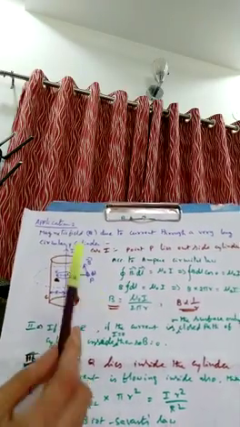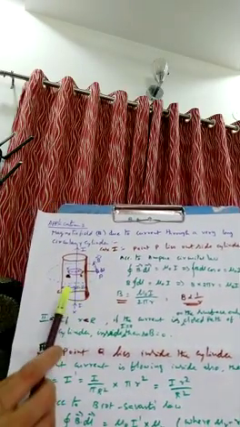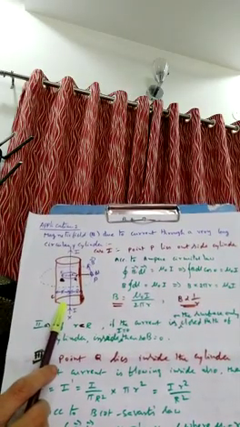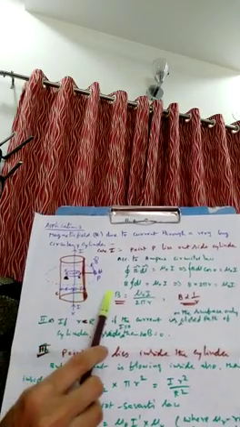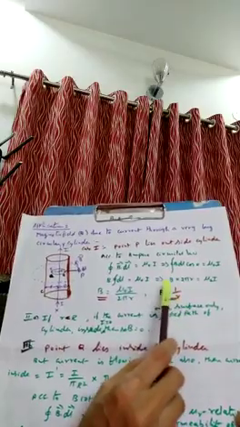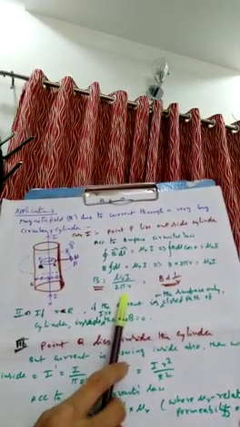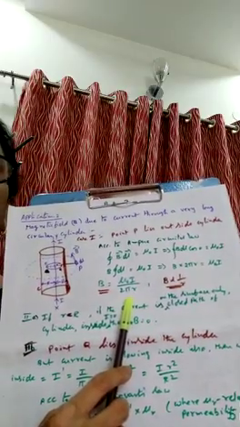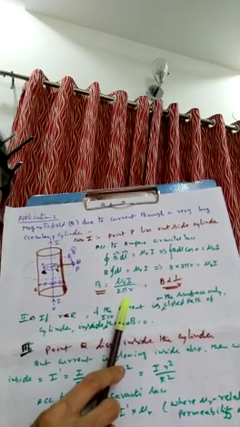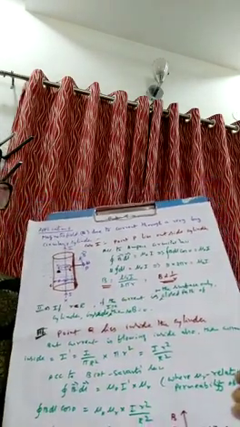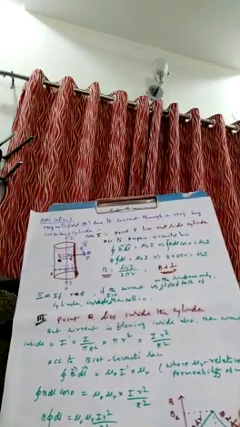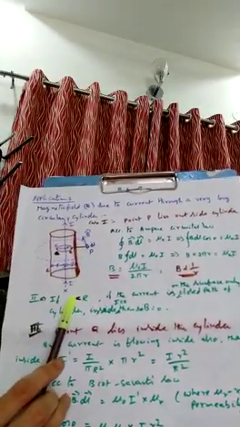The loop is circular, so it is the circumference, 2 pi r, where r is the radius of the loop. So we get B equals mu naught I by 2 pi r, like a straight conductor carrying current. Clear? But the actual cylinder radius is capital R.